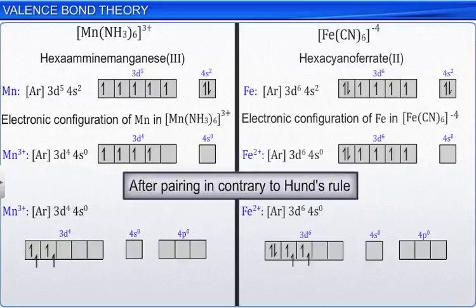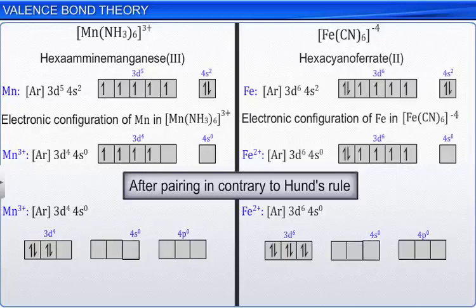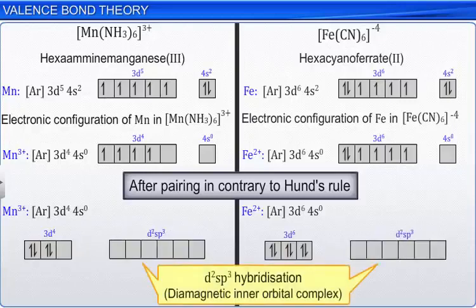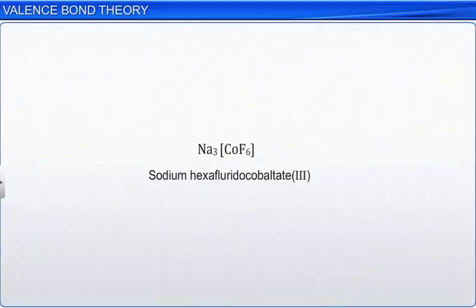Now let us examine a paramagnetic complex, sodium hexafluoridocobaltate(III). In this complex also, cobalt is in +3 oxidation state. Magnetic studies indicate the paramagnetic nature of the complex.